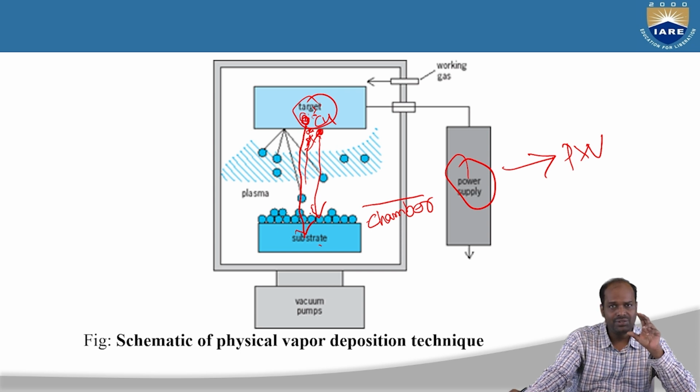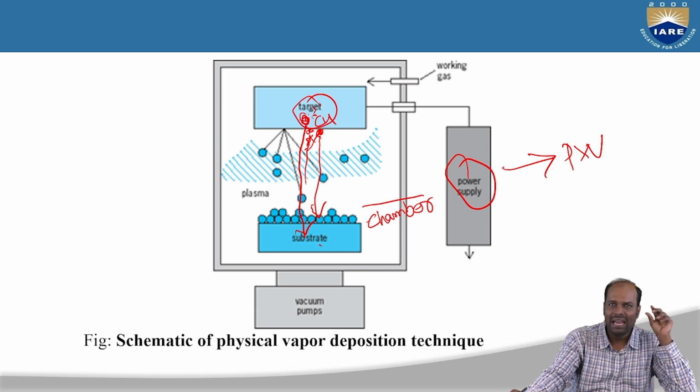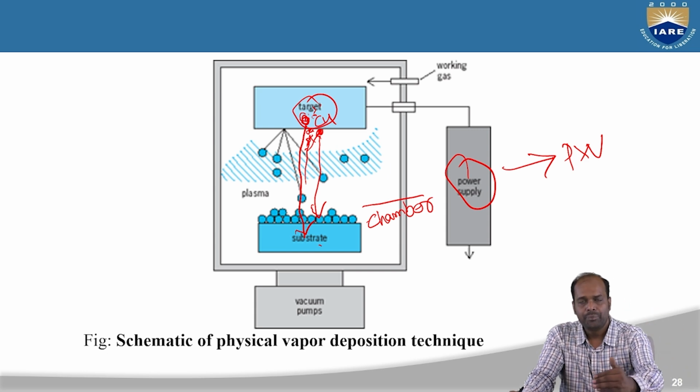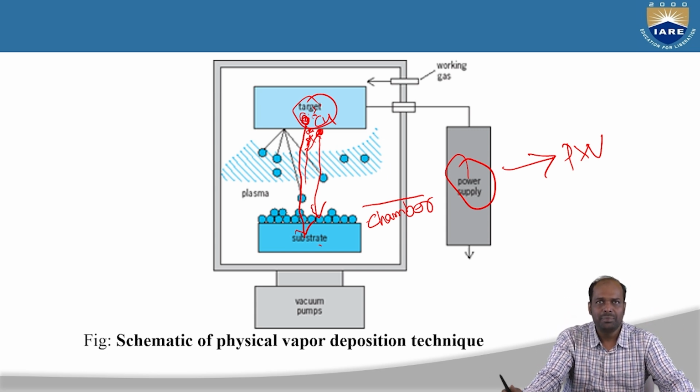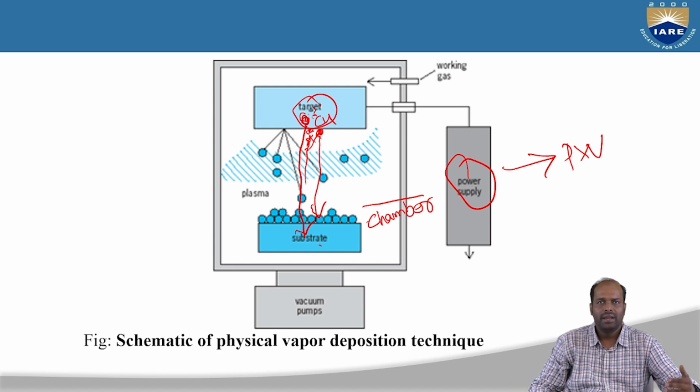We supply that sufficient voltage and current, the required power to remove the atoms from the target. Due to that, we are able to create different kinds of thin film materials.